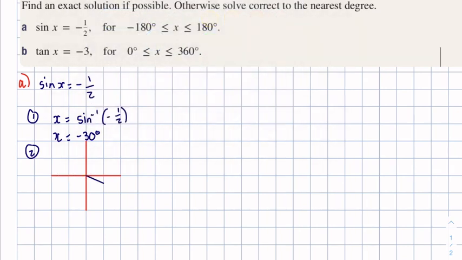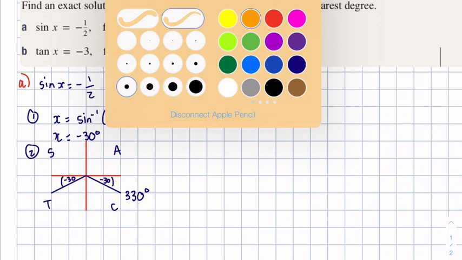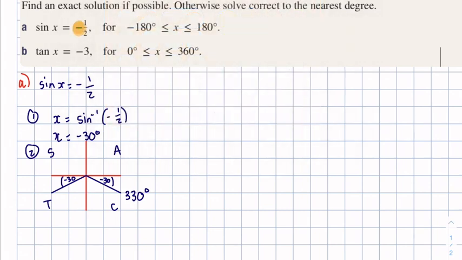-30 is down here, so that's 330 degrees. But don't forget SATC. Sine is also going to be negative down here, because we wanted -1/2.